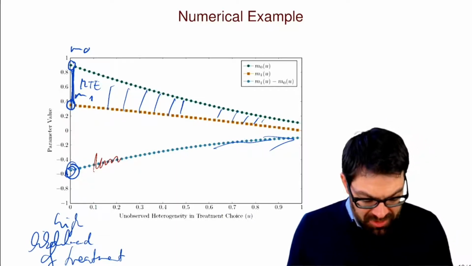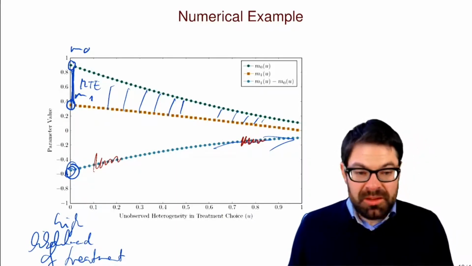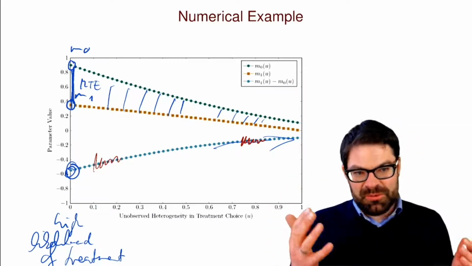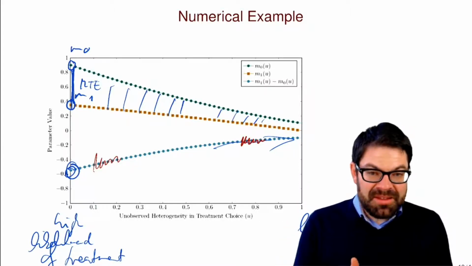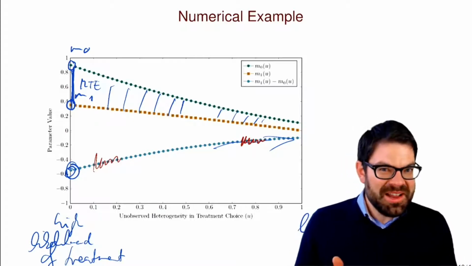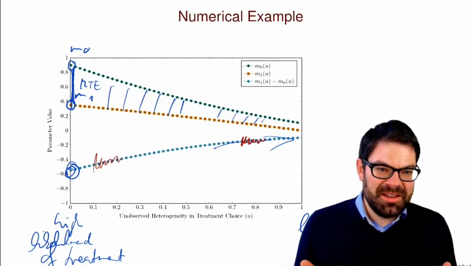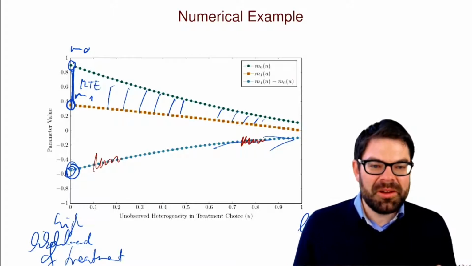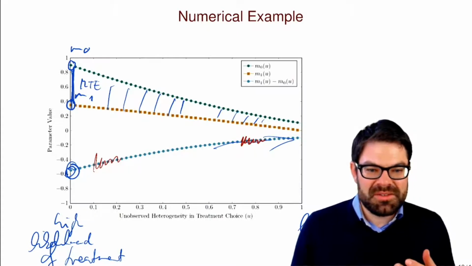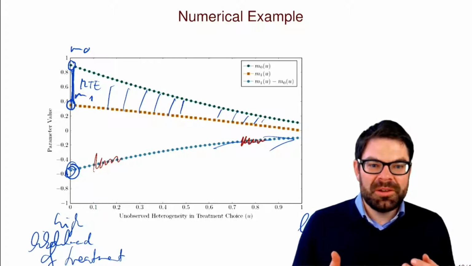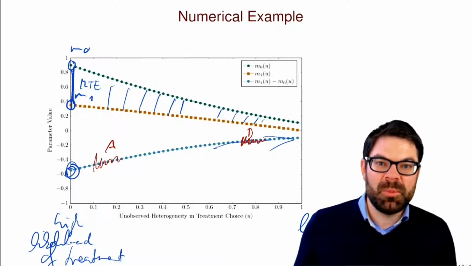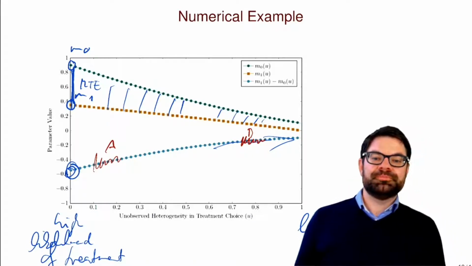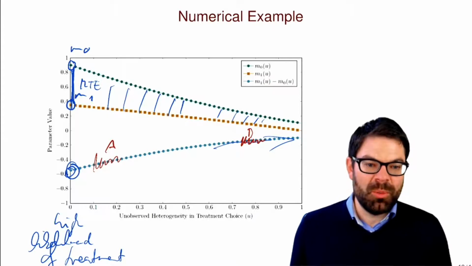But if my policy, either deliberately or just because of the way the policy is and who responds to it, targets people on the right-hand side here, then we're actually in a situation where the policy is not very effective. The effect is not 0, but it's a lot smaller. Let's again call these people A and call these people B, but the effect will be a lot smaller of the exact same policy. And that's important to know.